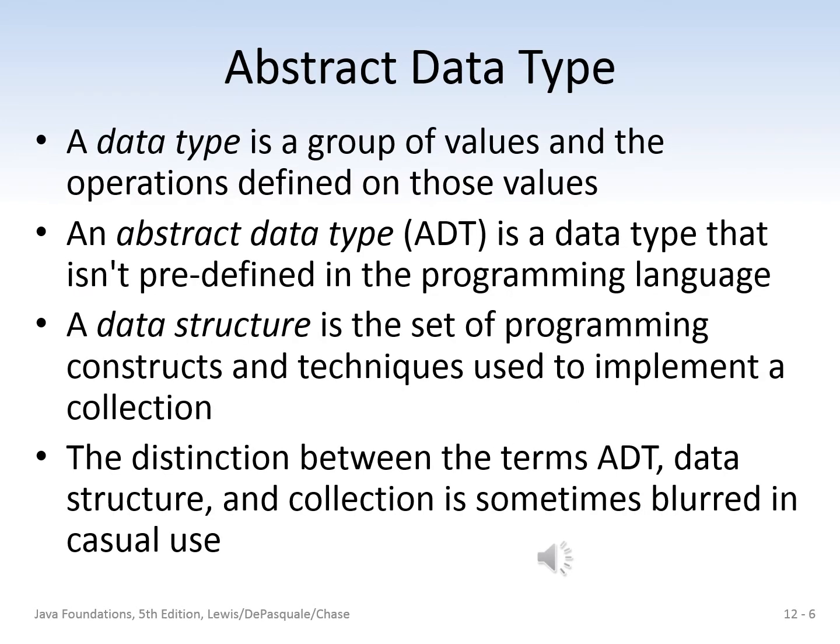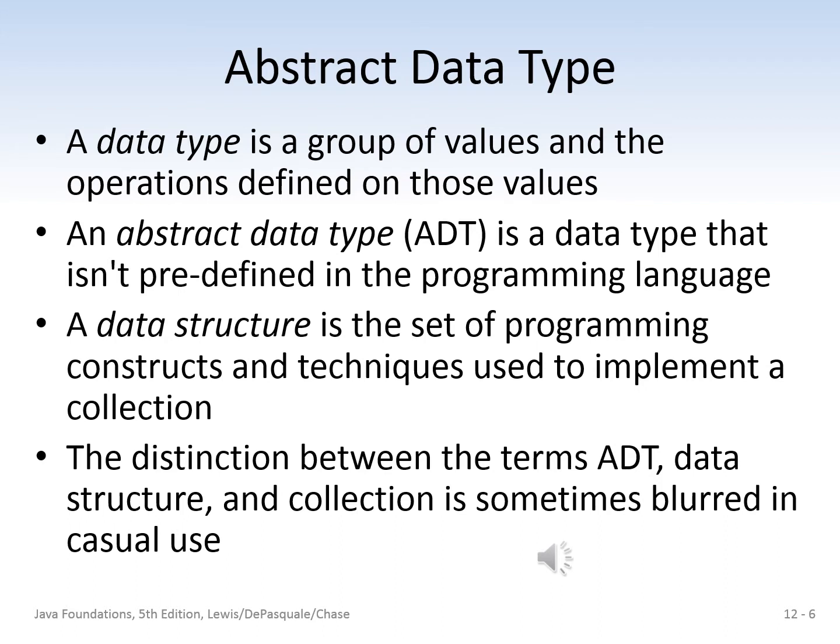So here we have some key terms. A data type is a group of values and the operations defined on those values. An abstract data type is one that isn't predefined in the programming language.